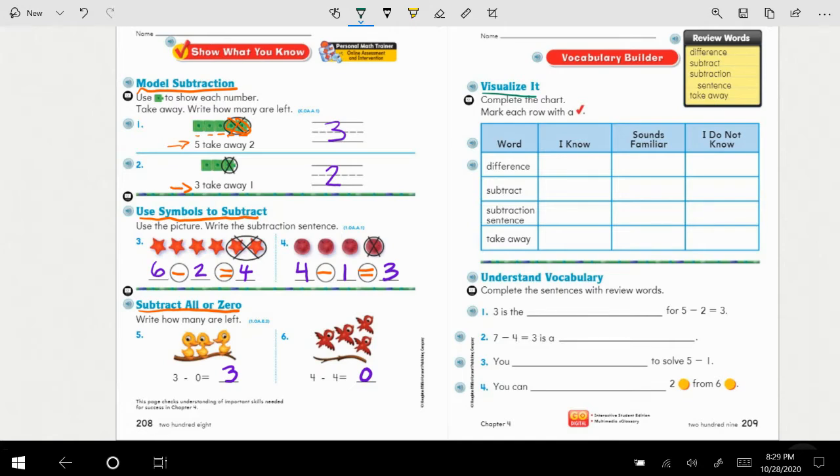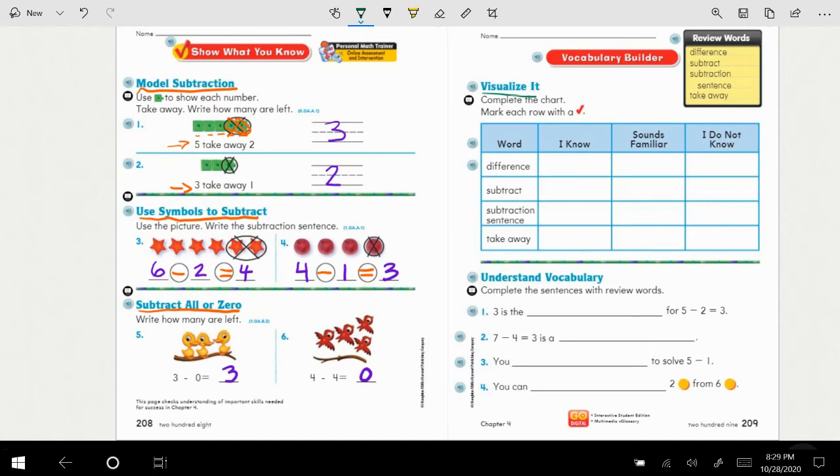So the first word we have here is difference. When we're talking about subtraction, I want you to think about the word difference with the idea of subtraction. If you know what the word difference means when we're talking about subtraction, then you would check right here.